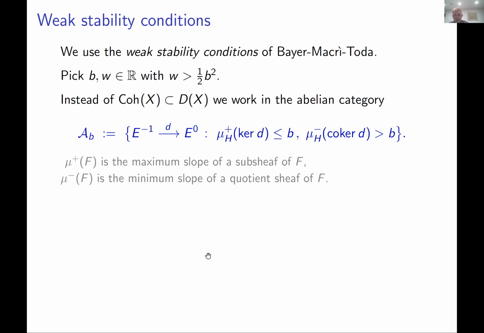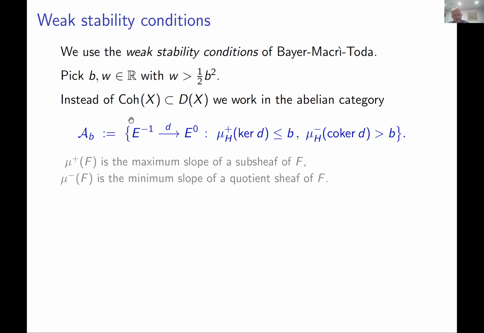We're not working just with pure coherent sheaves, although some coherent sheaves sit here. We're working with certain 2-term complexes. So these would be sheaves, E-1 and E0, with a map between them. And these would be the objects we're considering.